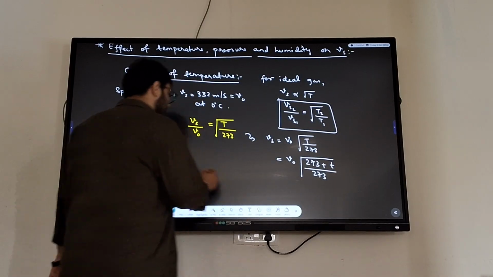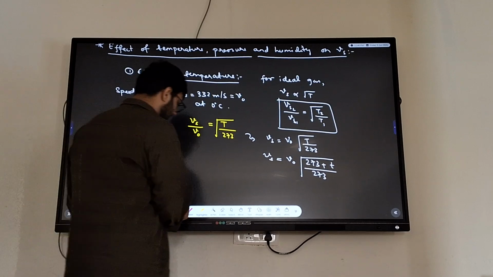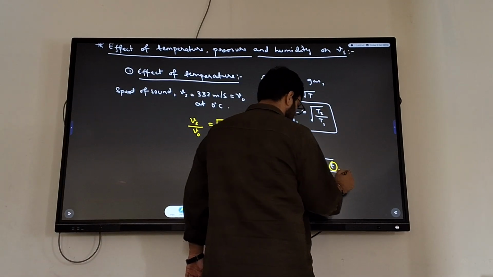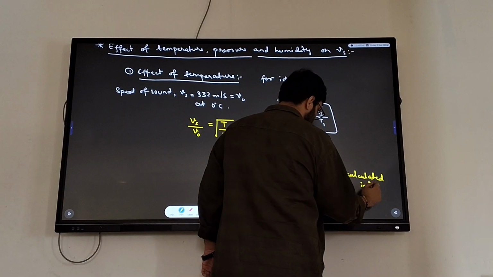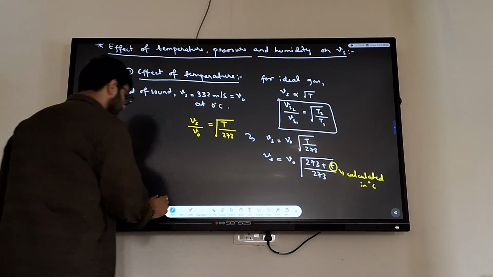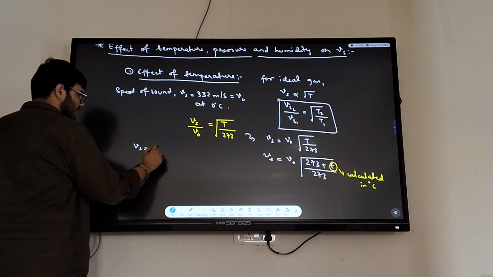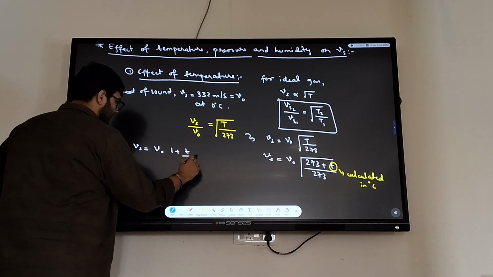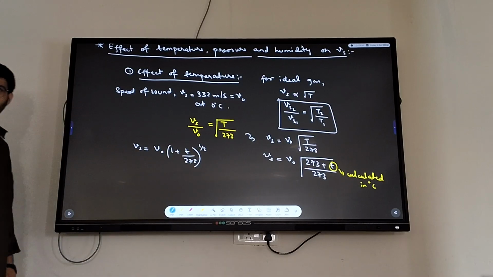So I can equally write this result to be, I should highlight this, calculated in degrees Celsius. Please remember that. Then this can equally be written as Vs, which is equal to V0 times 1 plus t by 273, the whole power half. Is it okay?